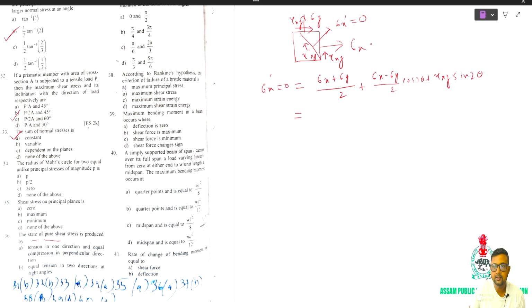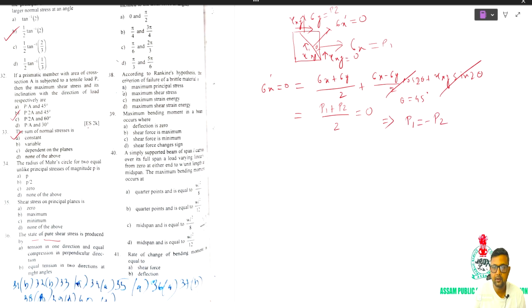If tau xy is 0, then sigma x and sigma y become the principal stresses. Now if theta is 45 degree, cos 90 equal to 0. So this also becomes 0, right? So theta equal to 45 degree. Then sigma x plus sigma y by 2, if sigma x becomes P1, so P1 plus P2 by 2 equal to 0. That means P1 is equal to minus P2.